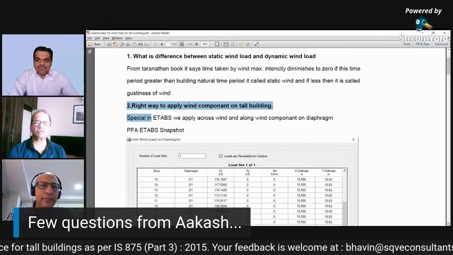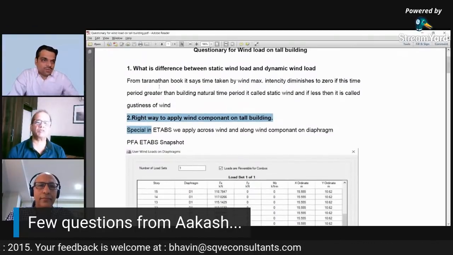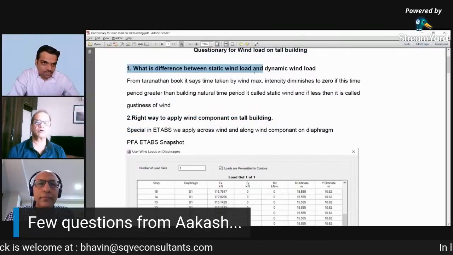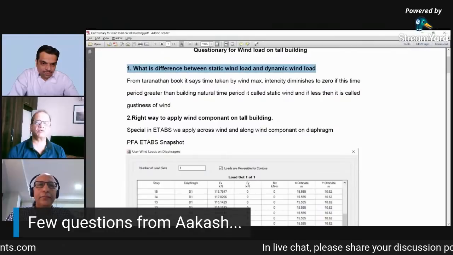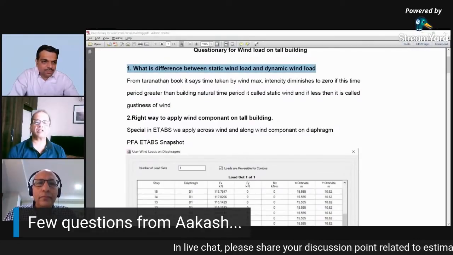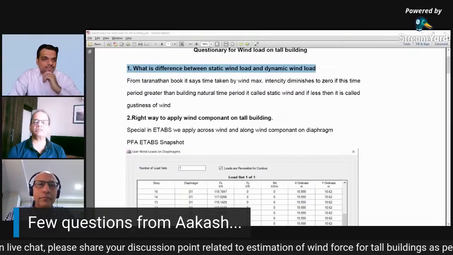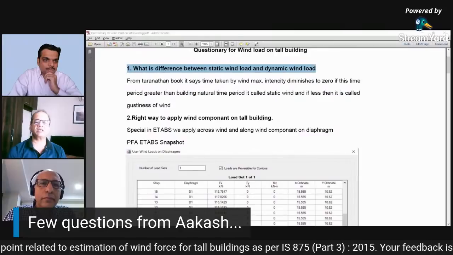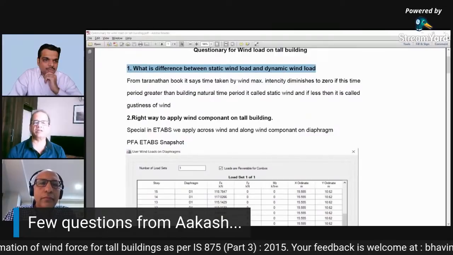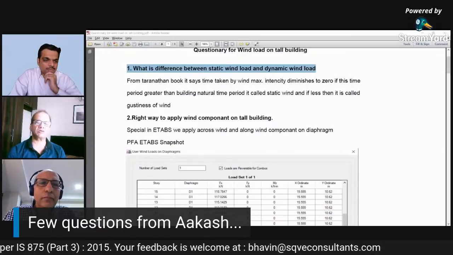Even the first question we can address, because he has taken a reference from a celebrated book, on the difference between static wind load and dynamic wind load. He is writing that from the Taranath book, it says the time taken by wind maximum intensity to diminish to zero, if this time period is greater than the building natural time period, is called static wind, and if less, it is called gustiness of the wind.